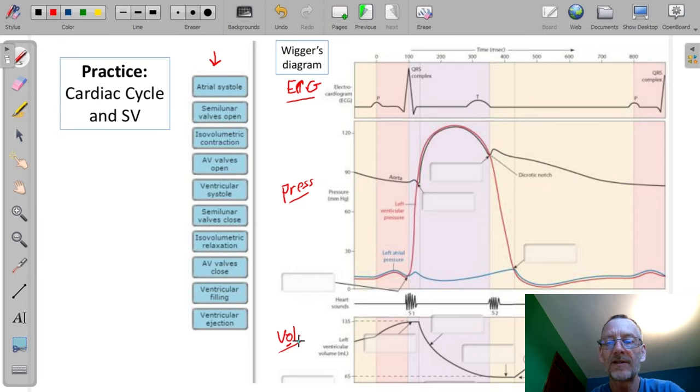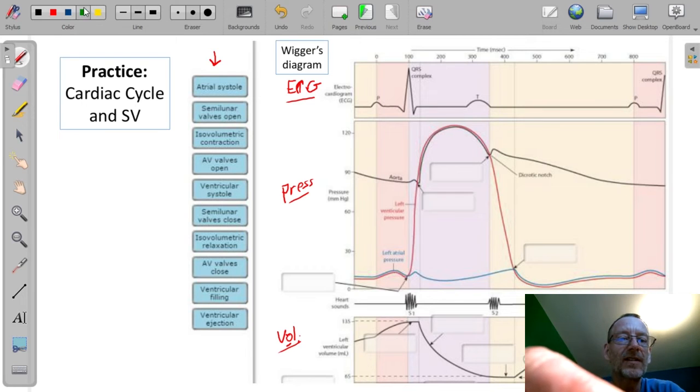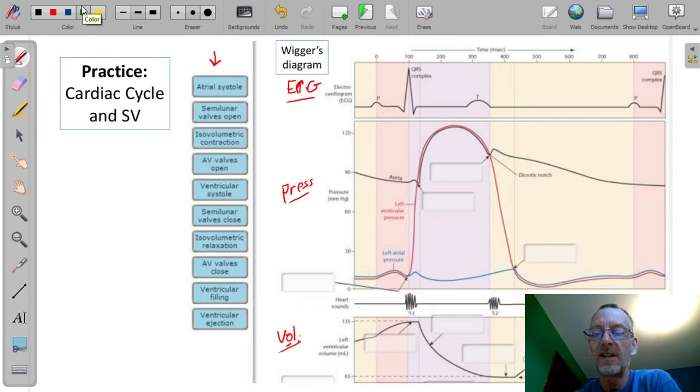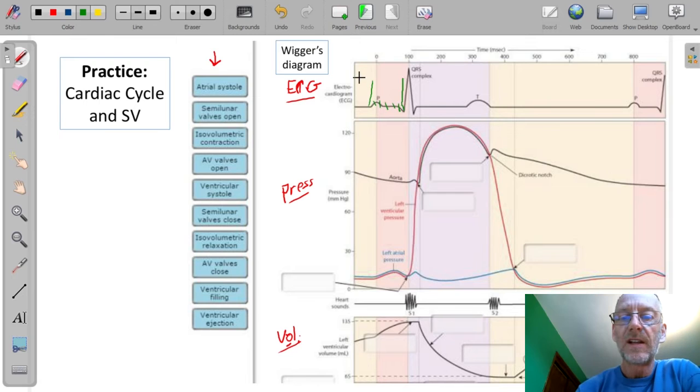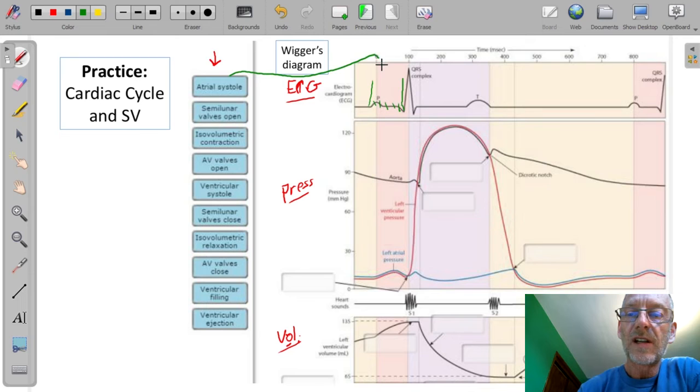So for example, can you identify where atrial systole takes place? Well, one thing to note, on the ECG, you know that the P wave is the start of atrial depolarization, and it continues all the way across. Somewhere in the QRS it ends, so let's just say this portion here is associated with atrial systole.